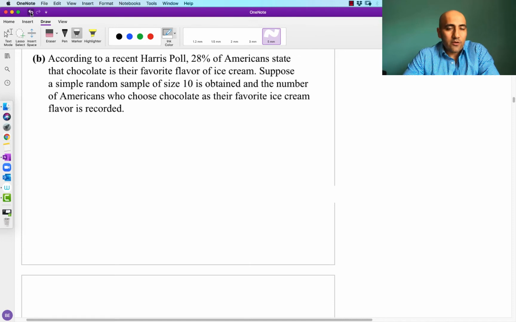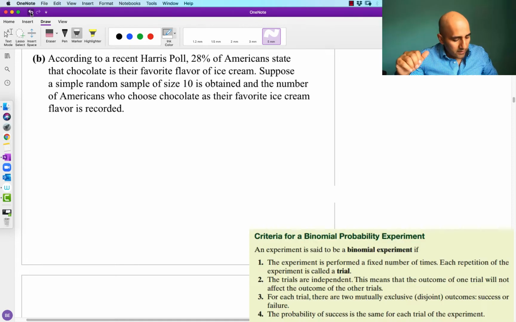So remember, we gotta make sure it satisfies all 4 conditions. Is the experiment performed a fixed number of times? Are the trials independent? Are the trials mutually exclusive? And 4, is the probability of success constant, fixed, and the same for each individual trial? So the answer is yes for this one as well.